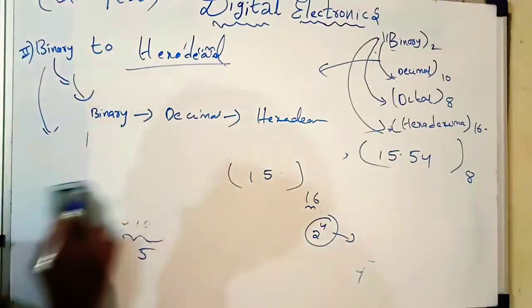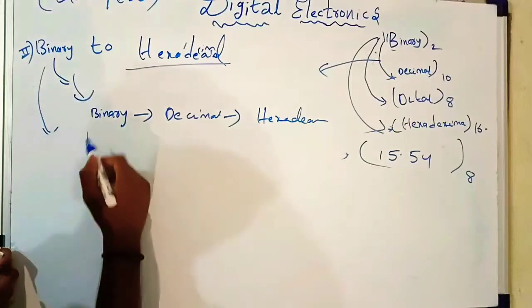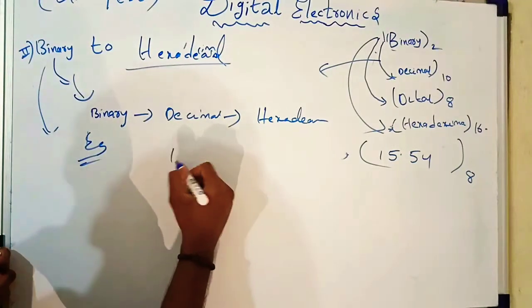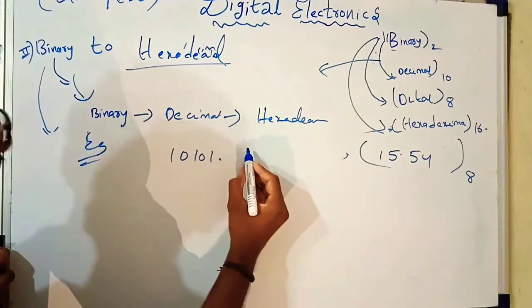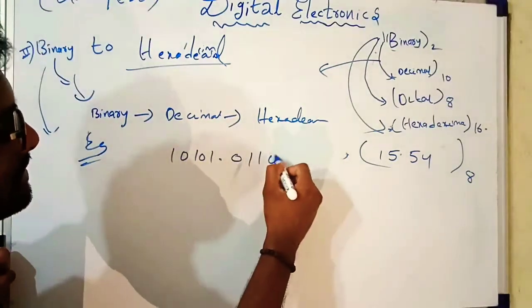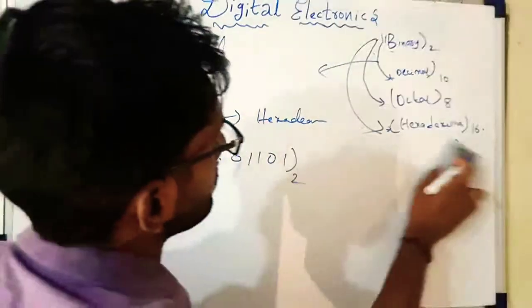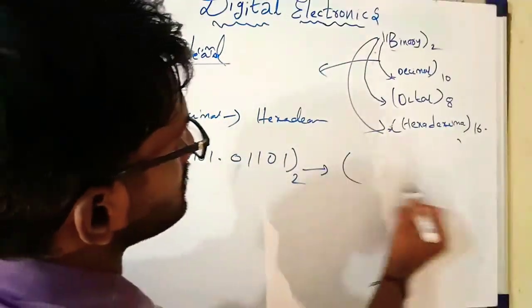Now we will see the same binary to hexadecimal for fractional values. Take an example of 10101.0110 to hexadecimal.